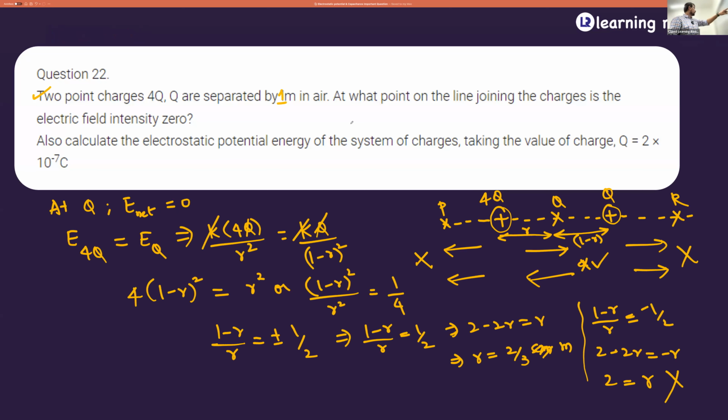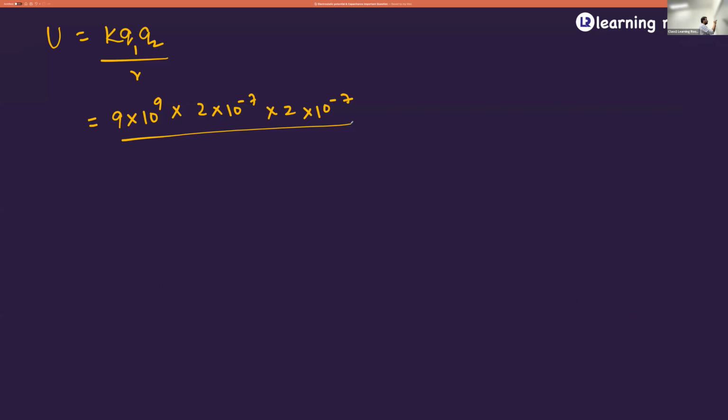So one is 2 into 10 power minus 7. The other will be 8 into 10 power minus 7 because one is q and the other is 4q. The whole divided by the distance of separation between them, which is 1. Am I right? So 9 into 2, or I'll take it like this.